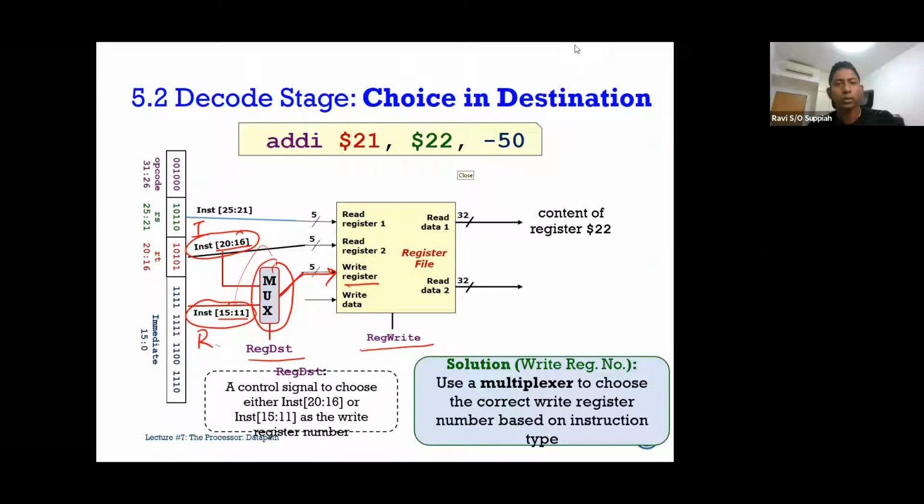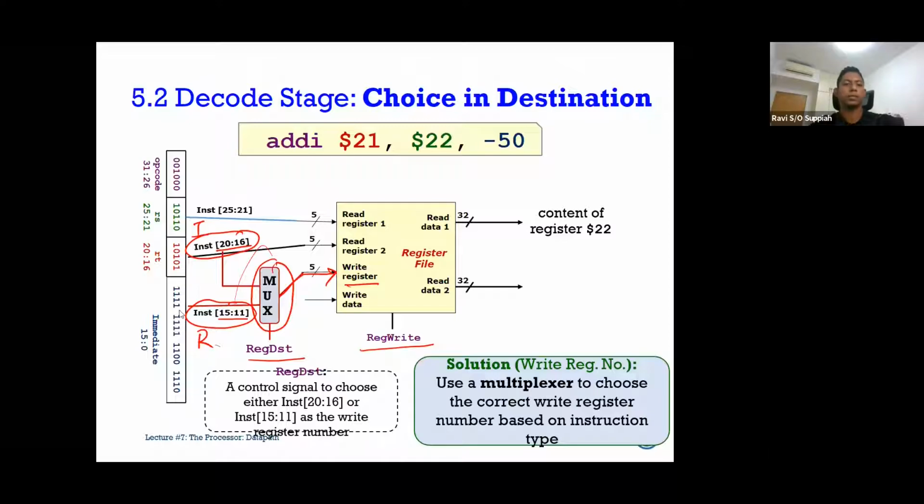Okay, so your question: why can't we read the immediate value as read data 1? Because if I channel this immediate data here, the problem is that for I type instructions, these 5 bits don't specify the register.